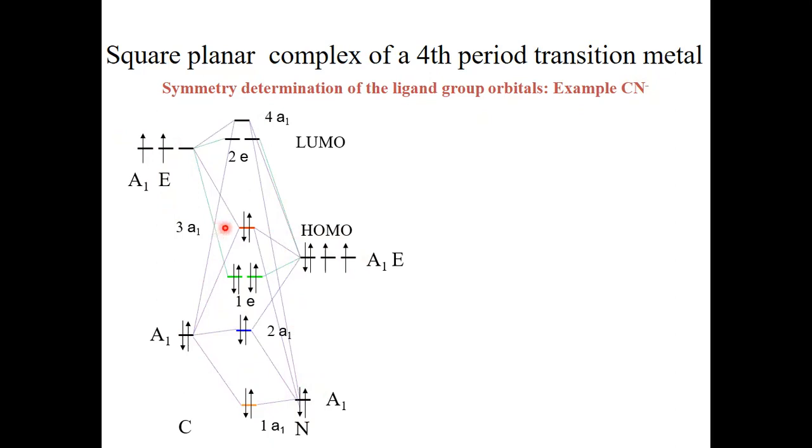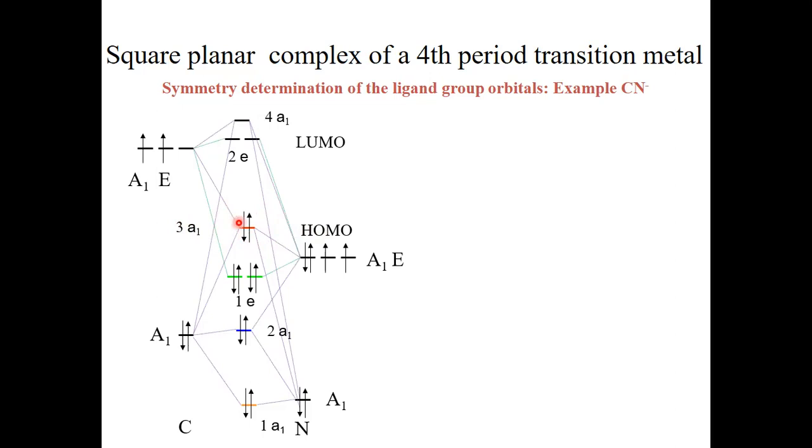So that means, like in the carbonyl ligand, this orbital here, the 3a1 molecular orbital, which is the HOMO, will be the one suitable for sigma bonding.